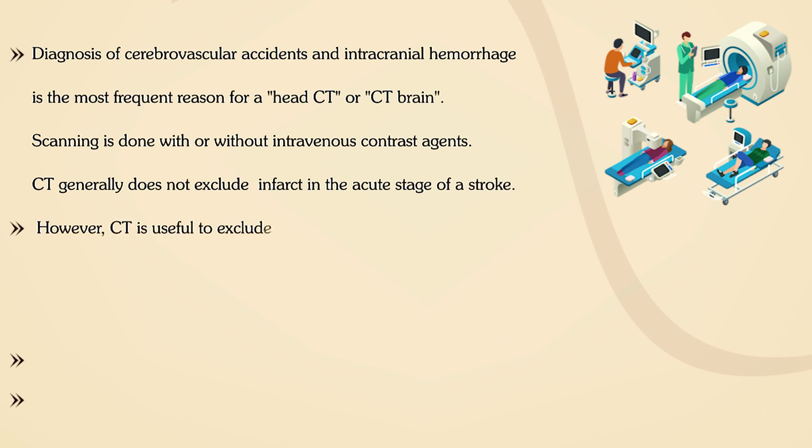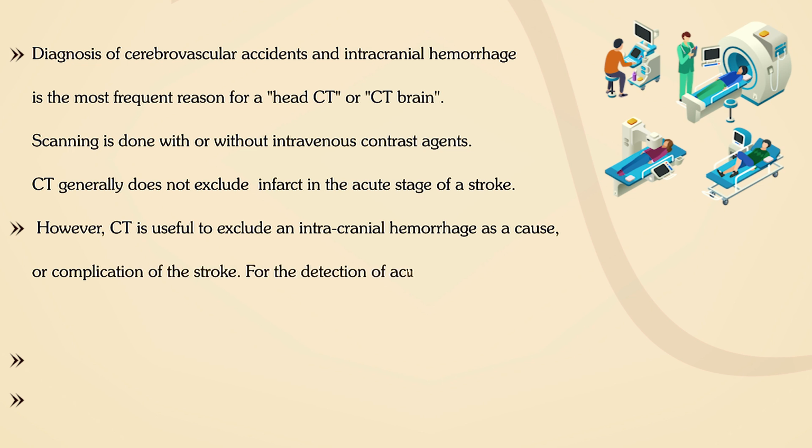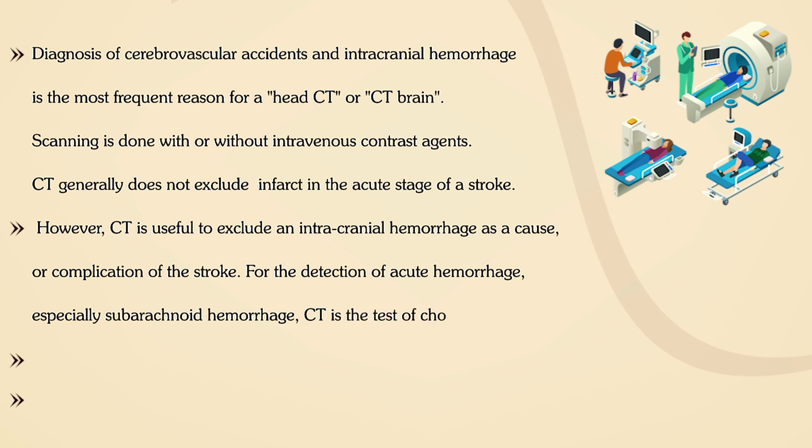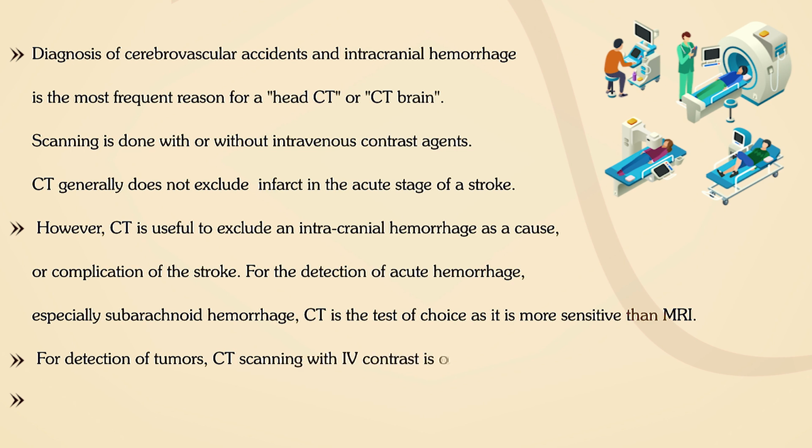However, CT is useful to exclude an intracranial hemorrhage as a cause or complication of the stroke. For the detection of acute hemorrhage, especially subarachnoid hemorrhage, CT is the test of choice as it is more sensitive than MRI. For detection of tumors, CT scanning with some contrast is occasionally used, but is less sensitive than MRI.